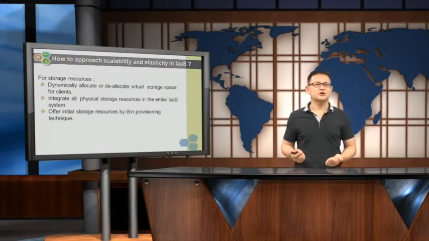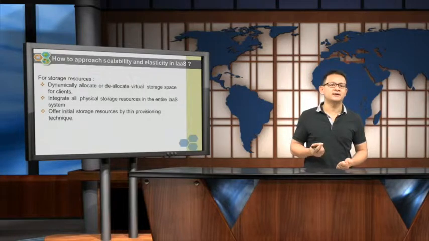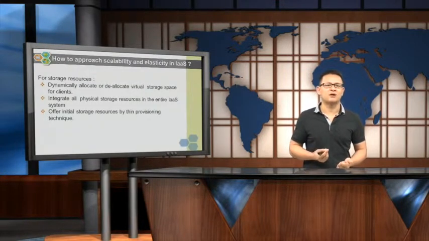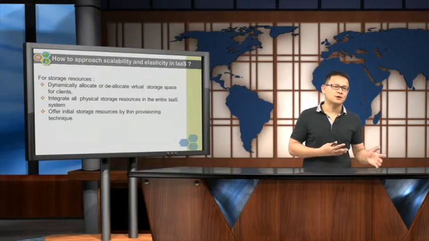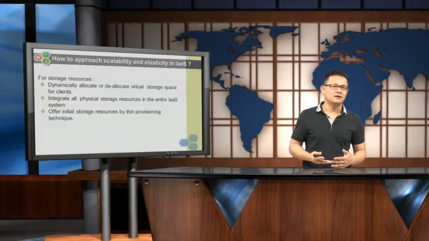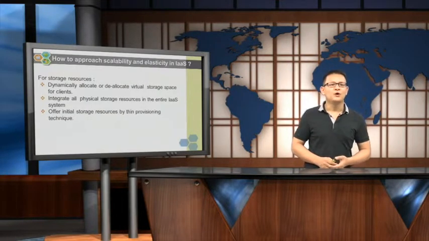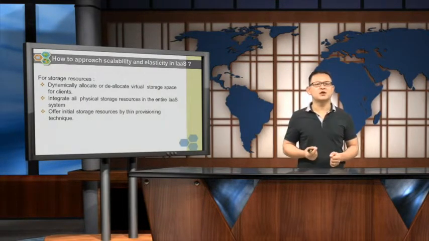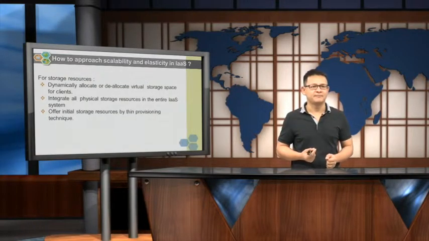For the storage resources, we also can dynamically allocate or deallocate virtual storage space for clients. So you can see that we can solve most of the problems in a dynamic and automatic way. We also can integrate all the physical storage resources in the entire IaaS system.